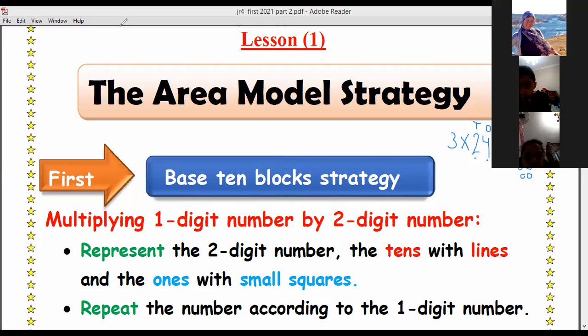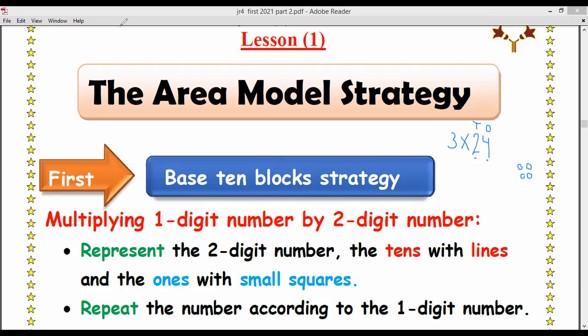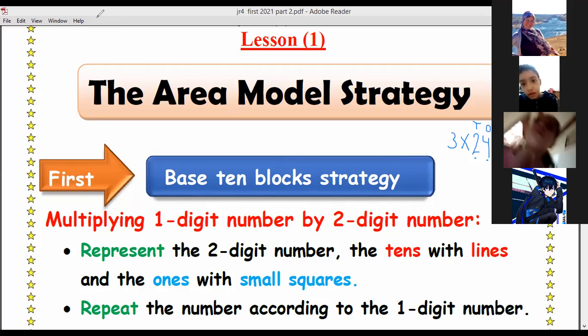Okay. So junior 4. It doesn't work with me. Okay, junior 4.